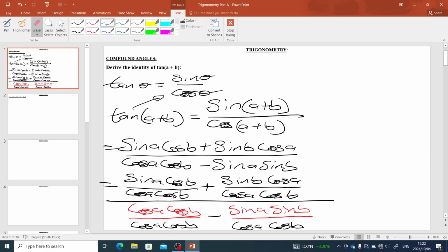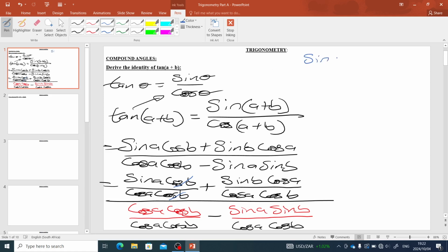Now we've managed to do that. We can then cancel the like terms. The cos B and the cos B will cancel out.